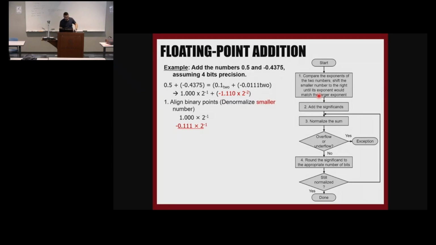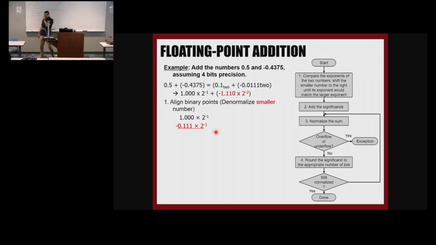Okay, so let's do that. This is the smaller number, 2 to the negative 2. We keep the other as is. But we shift this one right once, such that we get the same exponent. Every time you shift something right, you add to the exponent, right? So you add 1 to negative 2, you get negative 1. Now, they both have the same exponent.